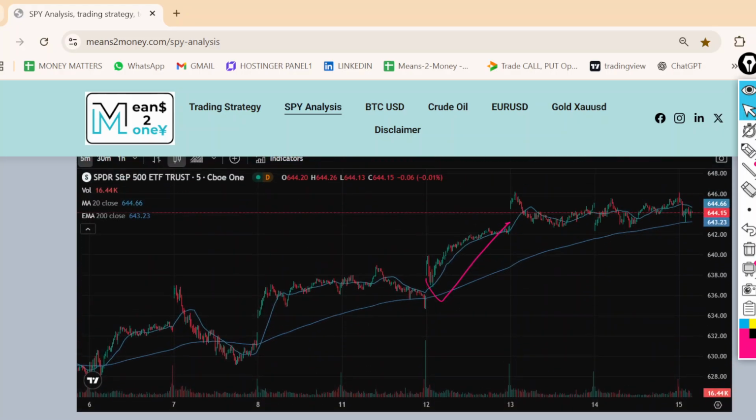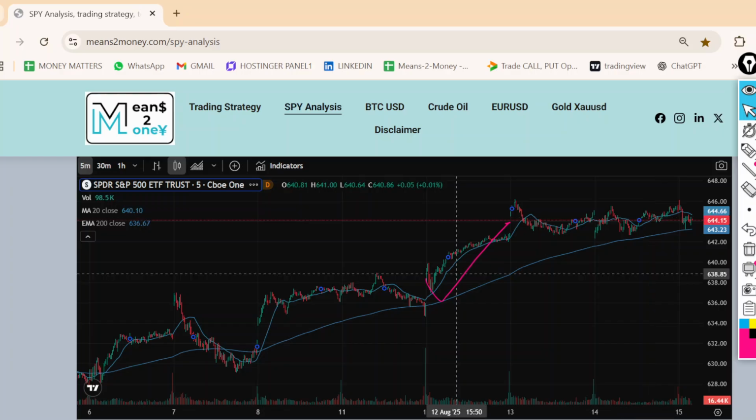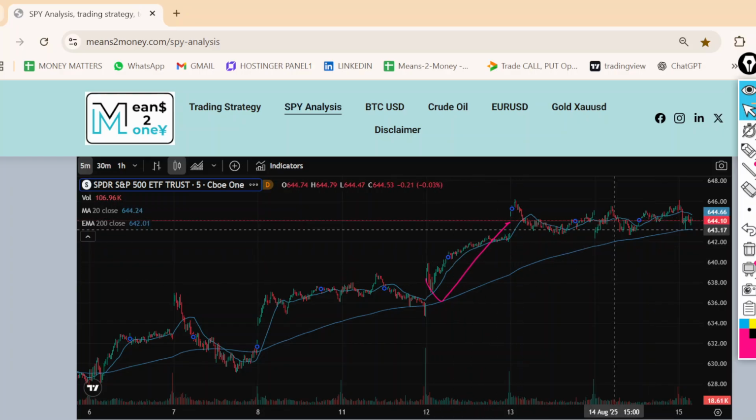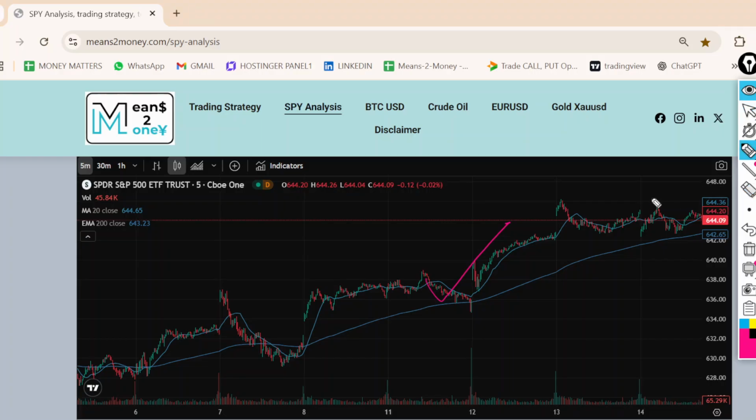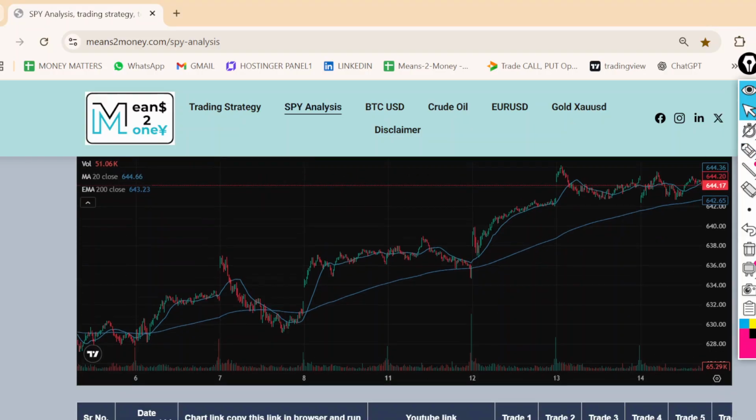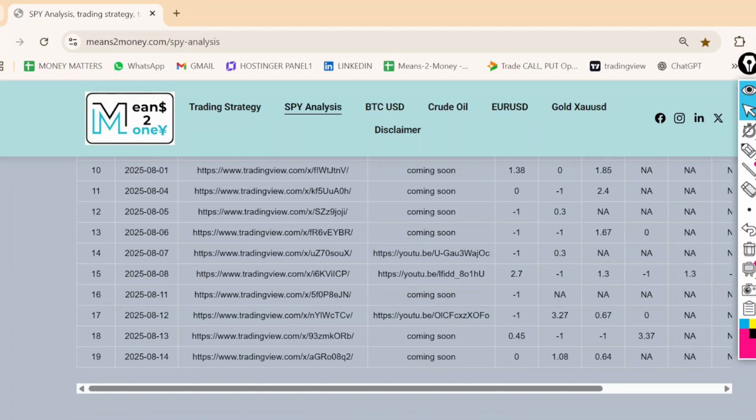If you go down, this is a live chart for verification. If you want to compare readily, for a ready reference, we have updated a live chart here. It gets updated on a daily basis. This is a 14th day transaction, and if you go down, this is a table which shows our performance track.